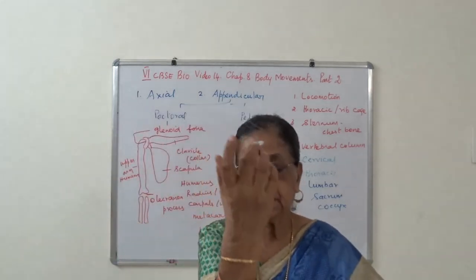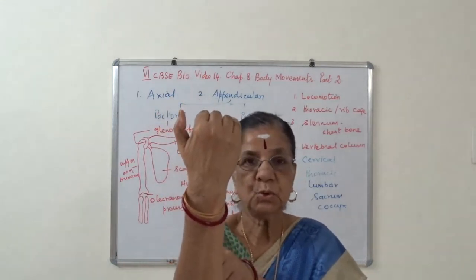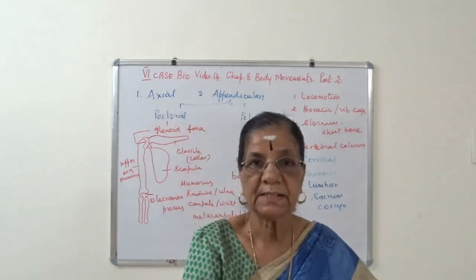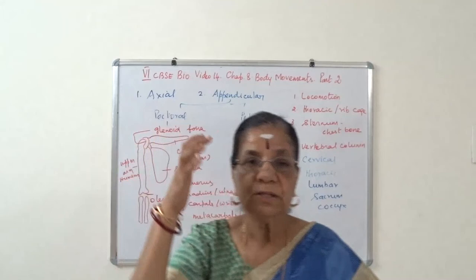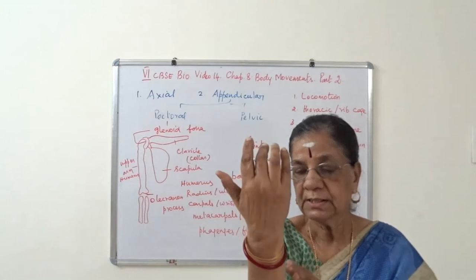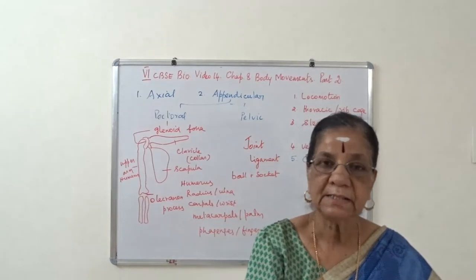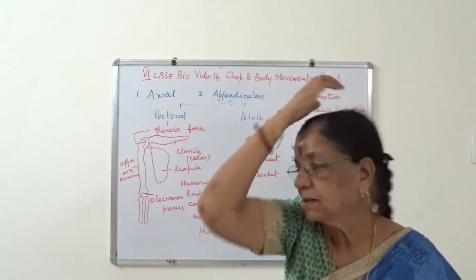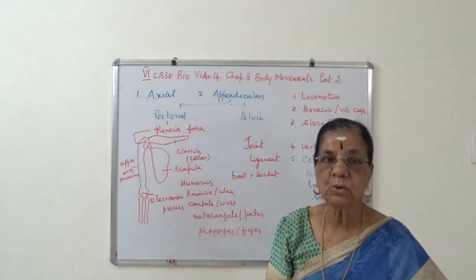Now this radius and ulna, there are 2 bones. When you place your hand like this, these 2 bones stay parallel to each other. Whereas when you stretch your hand out, they overlap, one sitting over the other. Right? When you move your hand up towards you, radius and ulna run parallel to each other, side by side. When you stretch out, they overlap, one over the other. That is radius and ulna, the forearm.